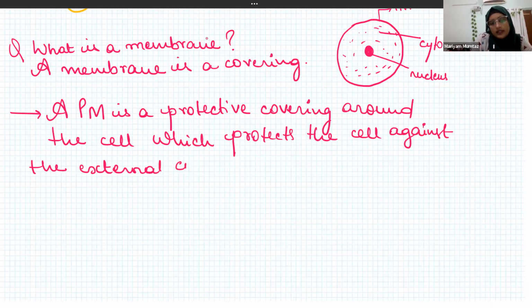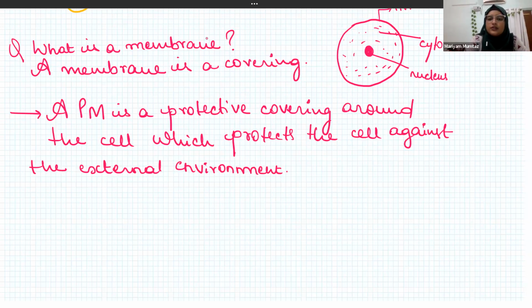So that is the definition of a plasma membrane. Have you written it down? Is the sole purpose of plasma membrane clear to you? Rima, is it clear to you? Yes, ma'am. Okay, very good.